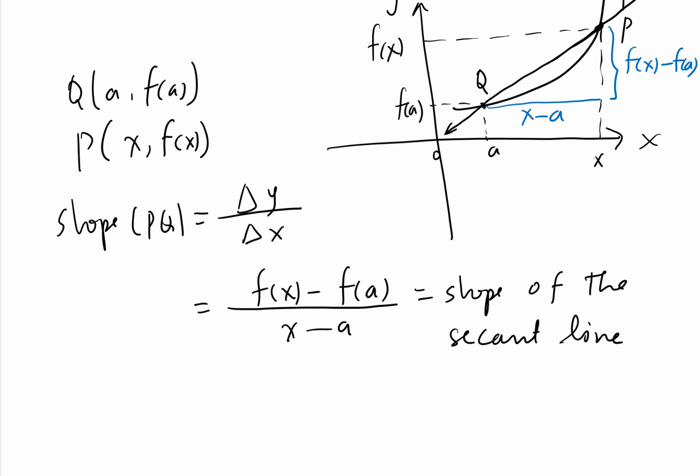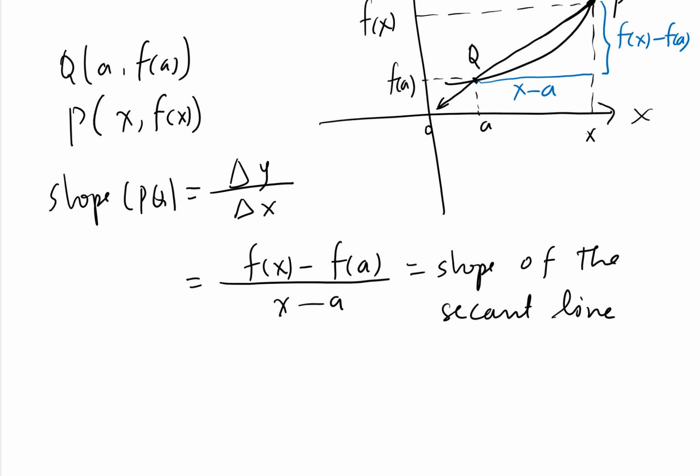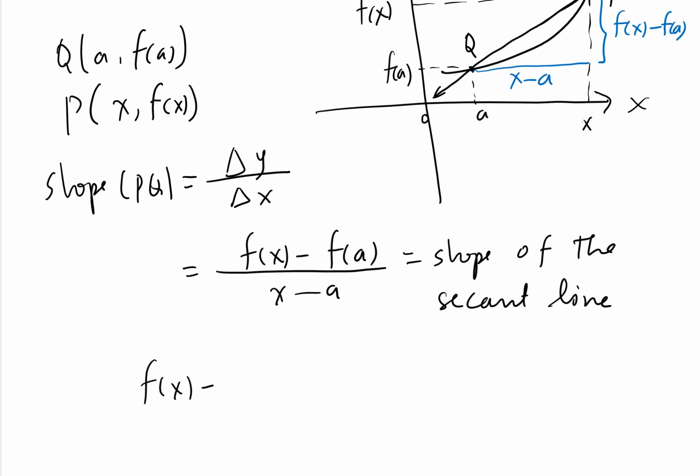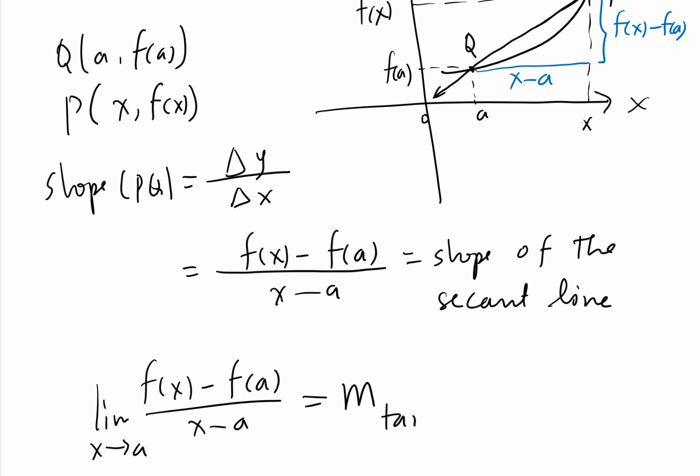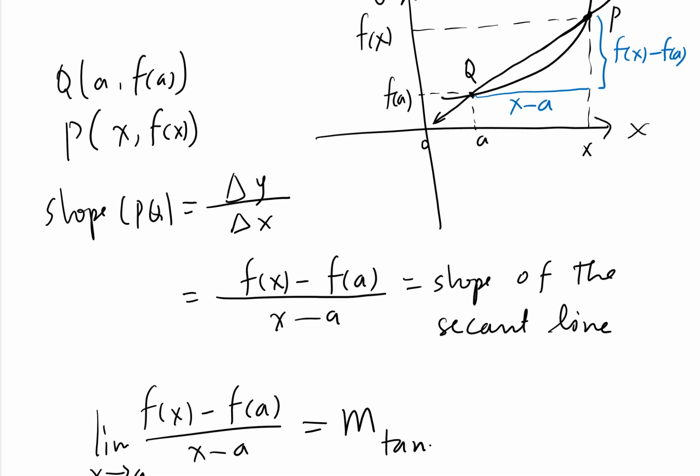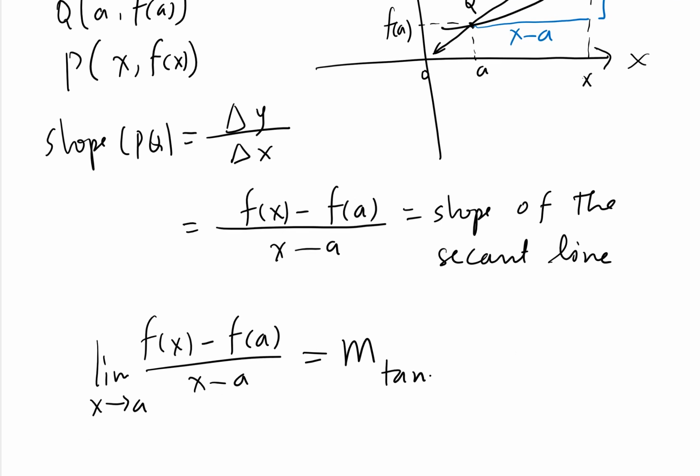Now, what happens is, if I take this slope that I just found, f of x minus f of a over x minus a, and take the limit as x approaches a, so a and x get closer and closer to each other, this becomes the slope of the tangent line. Because the two points get closer and closer to each other, eventually the secant line becomes a tangent line. The tangent line is the line that's going to touch the graph at exactly one point.